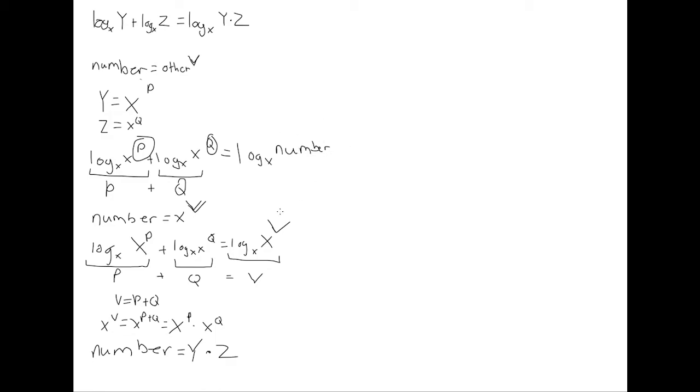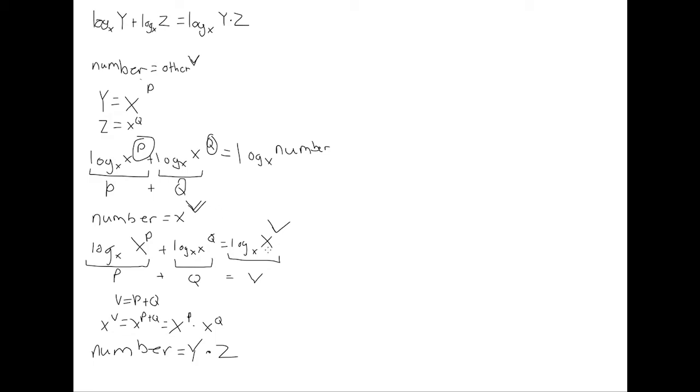So just to recap, what we did was we re-expressed these numbers as x to the p and x to the q. We rewrote that, and we said that these logs must evaluate to whatever the power is here, right? So if you have log with a base of that base to some power, then that will evaluate to whatever the power is. So this will evaluate to p, this will evaluate to q.